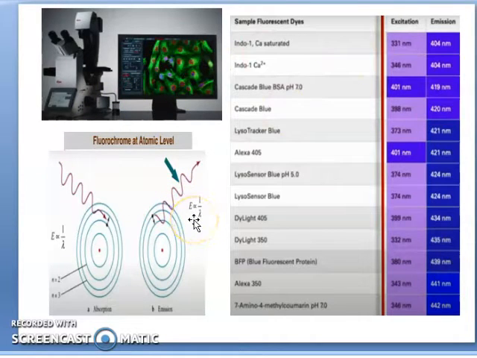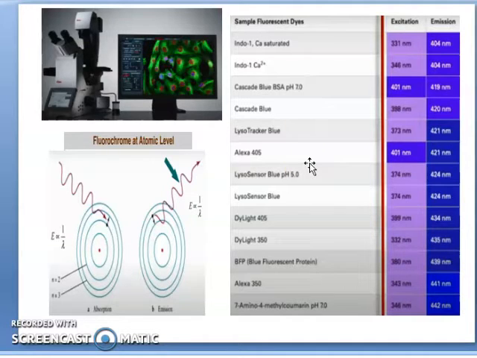Suppose your specimen is autofluorescent, then it is fine. But if your specimen is not fluorescent, you need to tag it with some fluorochrome or a fluorescent dye. These are the dyes that are used for tagging. Which dye we use depends on which part of the cell you want to visualize.